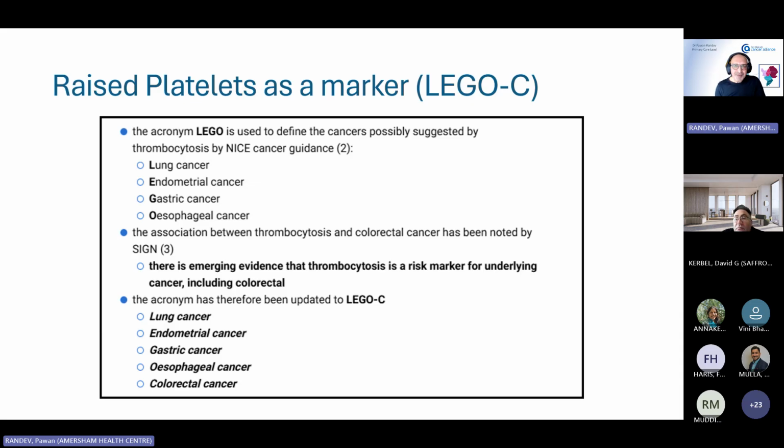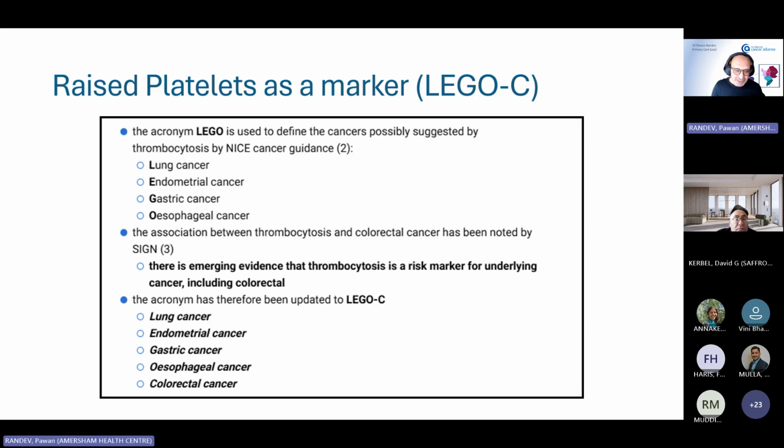And we remember LEGO C, LEGO as in the children and adults building toy, and the C. If you look towards the bottom bullet point, the acronym stands for lung, endometrial, gastric, oesophageal, and the C stands for colorectal cancer.